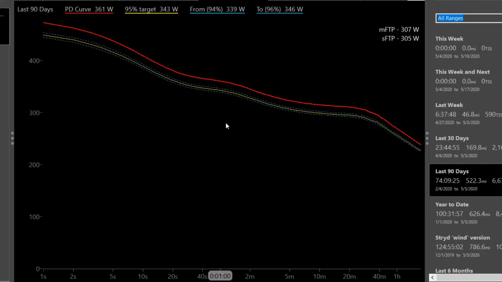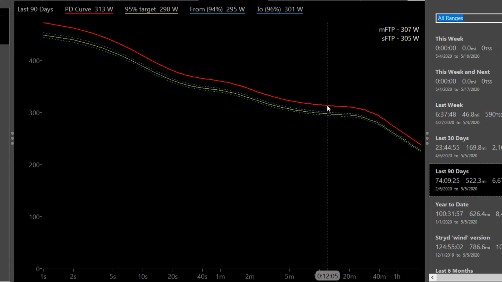Actually, let me do one aside. When you're near FTP, you're pretty close to FTP, going by percentage of FTP works really well.